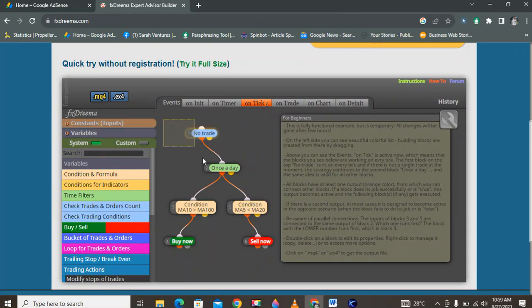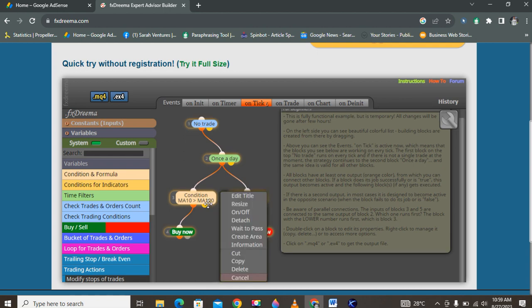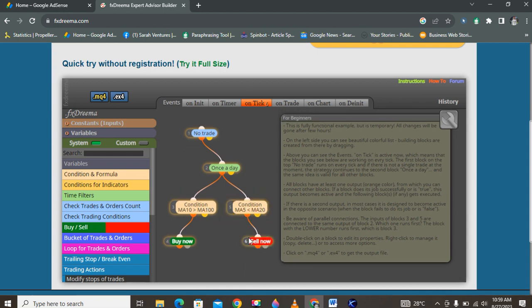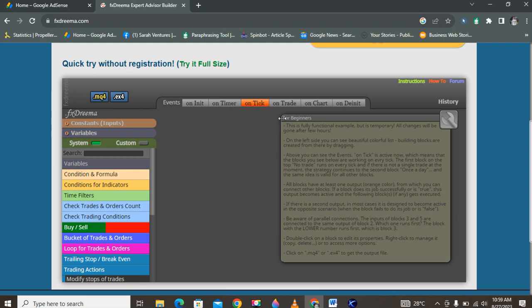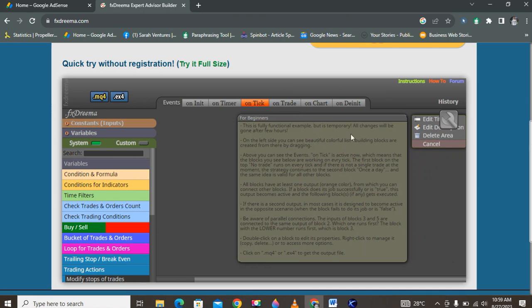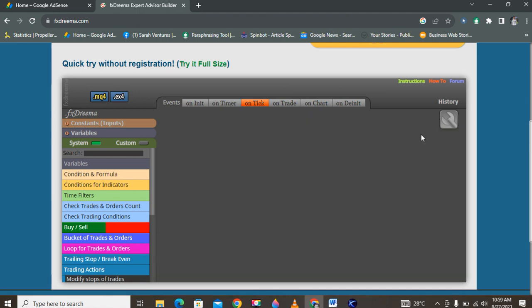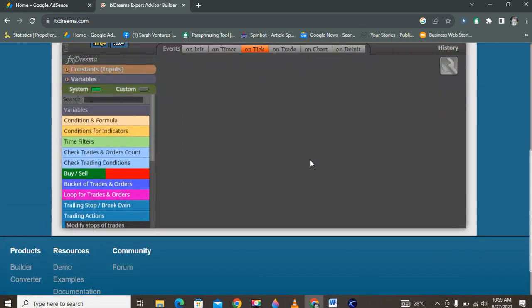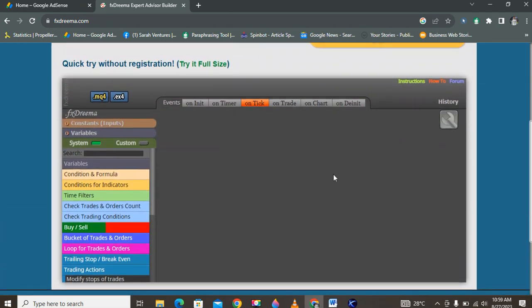So I'm going to remove all these robots. This one as well. Our chart is clean.